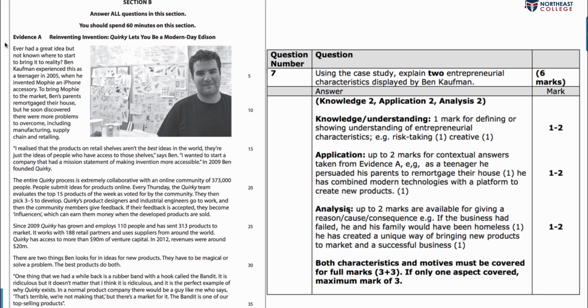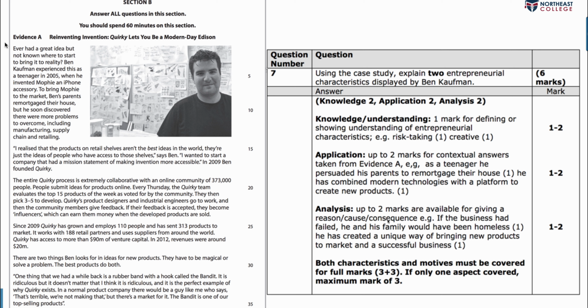Then analysis. Analysis will give you your 2 marks. 2 marks are available for giving reasons, causes, consequences, any one of these. Explaining further, it could be the reason for whatever they've done here, or the consequences. Again, I use BLT as a guide, but if you're thinking along this line, it's okay.